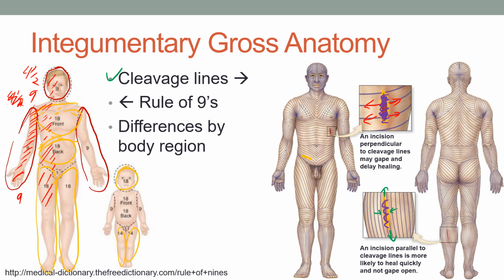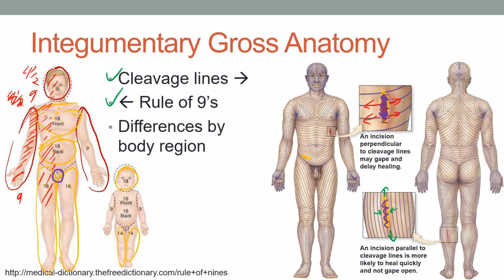And finally, if you multiply all of these 9s, 1, 2, 3, 4, 5, 6, 7, 8, 9, 10, 11. 11 times 9 is 99, so that leaves 1% of skin. So whatever wise guy came up with this decided that the 1% around your genitals was 1%. I guess unless you're a really well-endowed guy, then maybe it's 2%. I don't know. Okay. So rule of 9s.